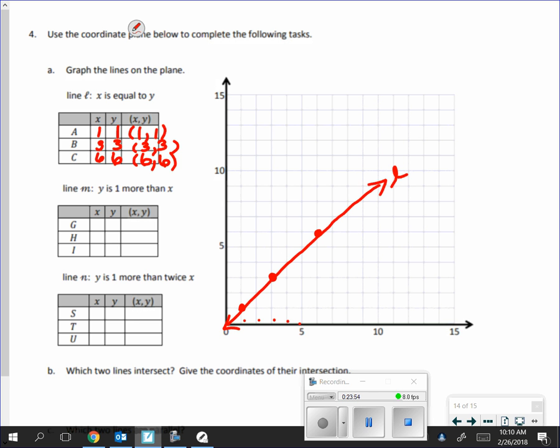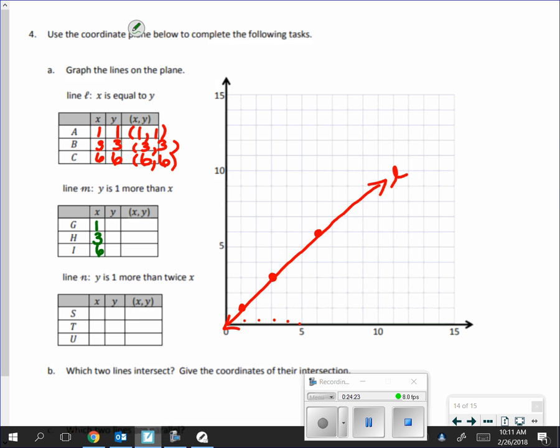For line M, y is 1 more than x. So whatever I put in for x, y is 1 more. I'm going to try an x of 1. I'm going to do all my same points again, 1, 3, and 6.